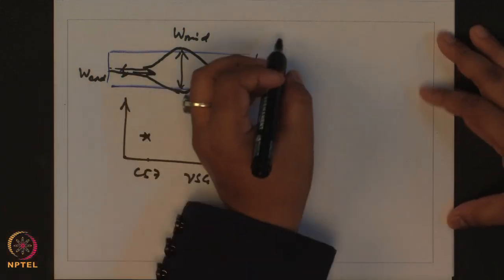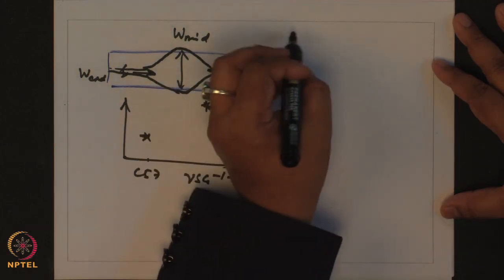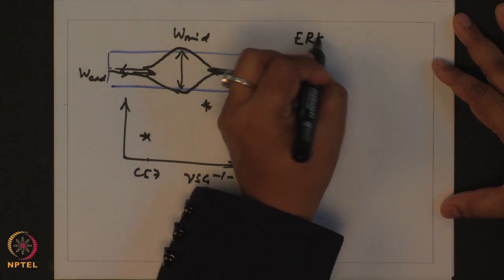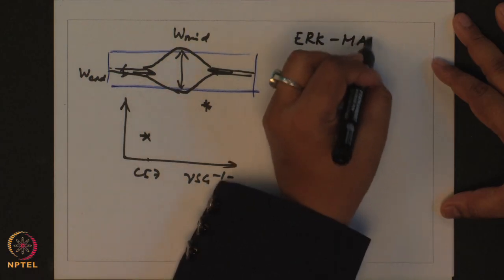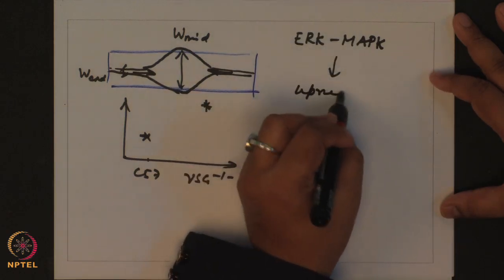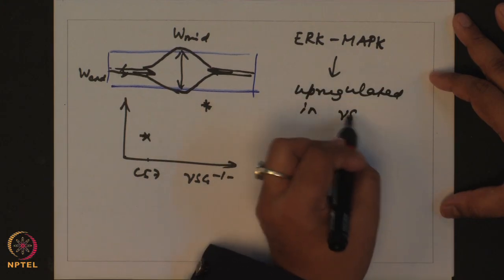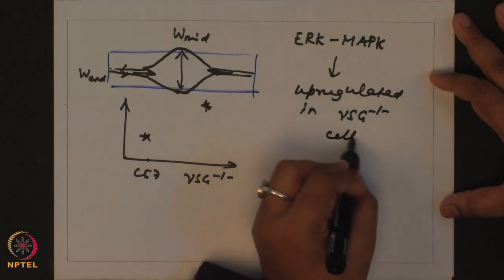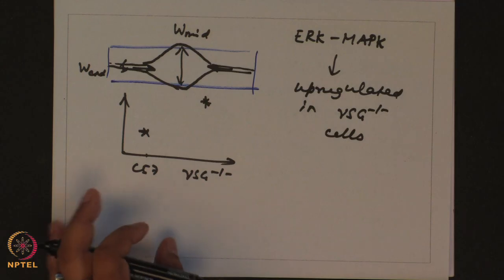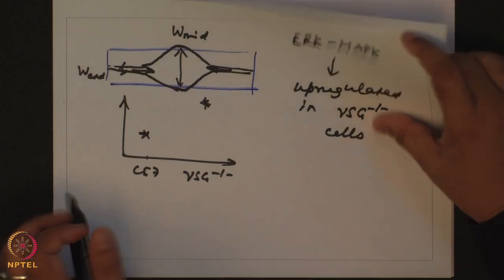Okay. So, in terms of the signaling pathways which were activated, what was observed was the ERK-MEK kinase pathway was upregulated in gamma sarcoglycan deficient cells. So, this is the status in gamma sarcoglycan deficient cells.